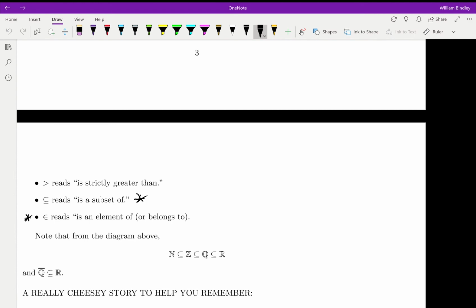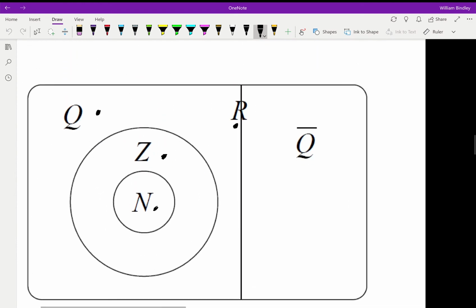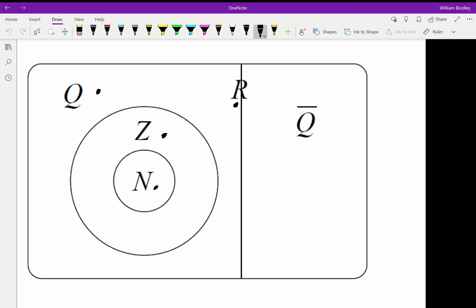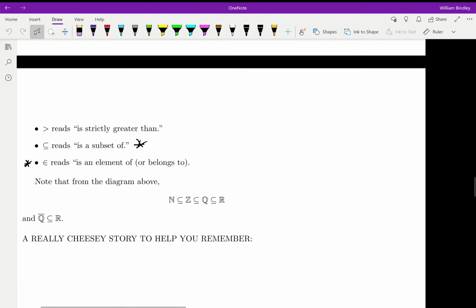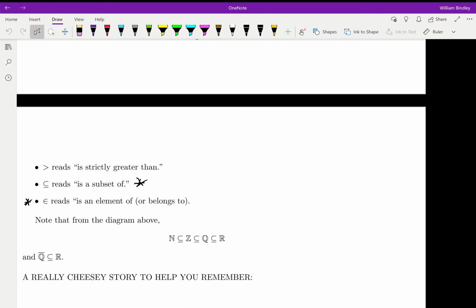Okay, so note from this diagram above that shows how all of these sets of numbers are related, you will see that the natural numbers are a subset of the integers, which is a subset of the rational numbers, and then the rational numbers are a subset of the real numbers.